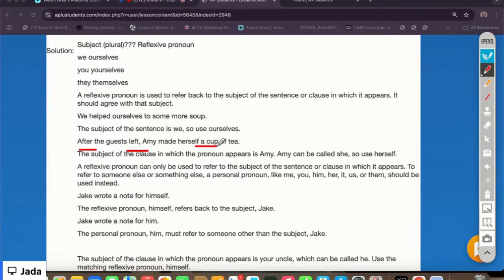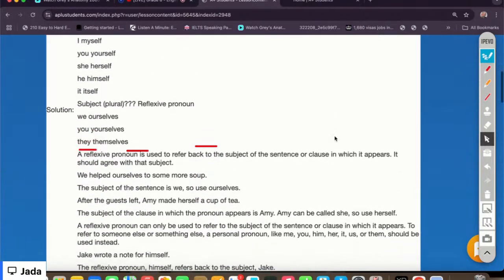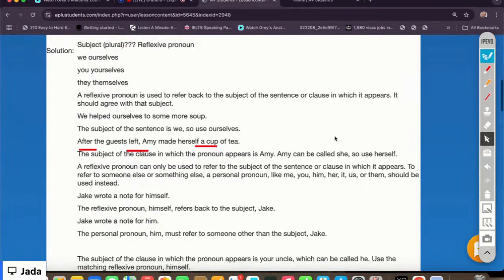You cannot say, after the girls left, Ami made itself a cup of tea. No. Herself and Ami go together. You cannot just use another reflexive pronoun that is totally different.